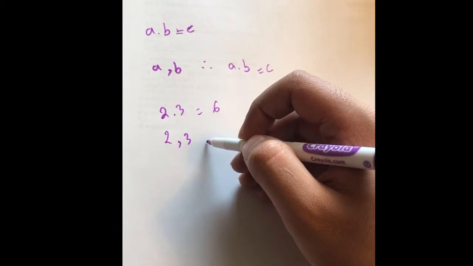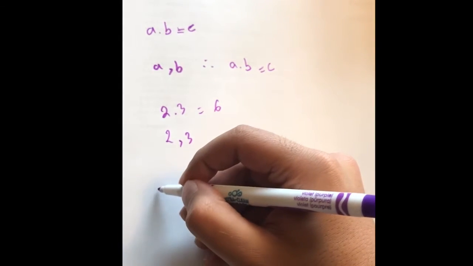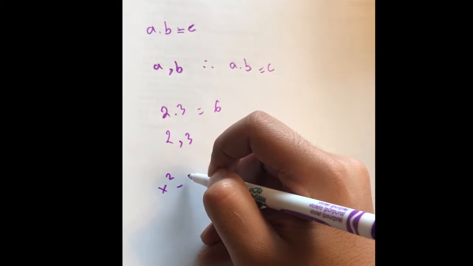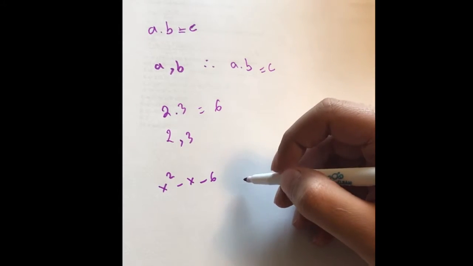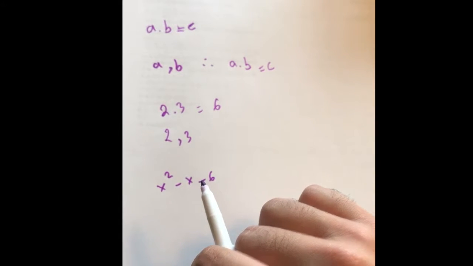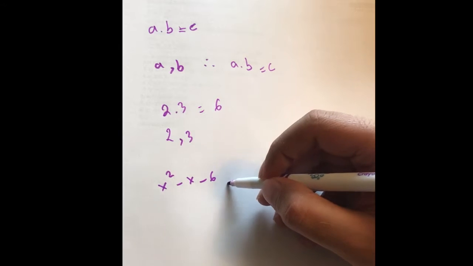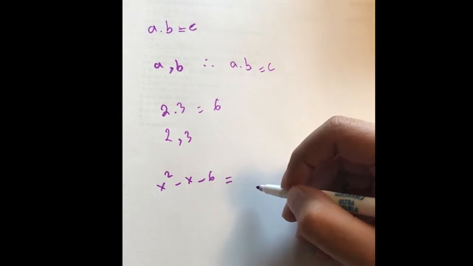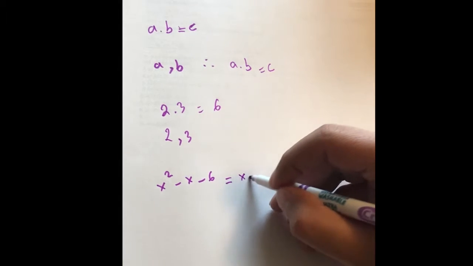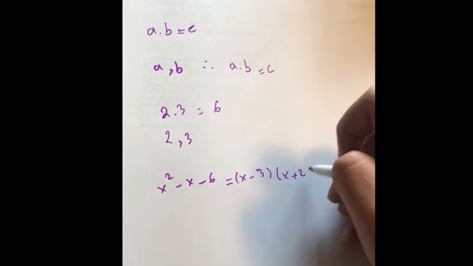It's one of the factors that we could have. Now this can be further applied to polynomials. Let's say we have an x squared minus x minus 6. We've done this in previous years, but let's say we were to find the factors of this. The factors of this would be x minus 3 times x plus 2.